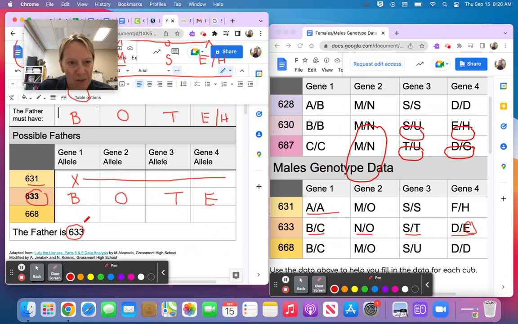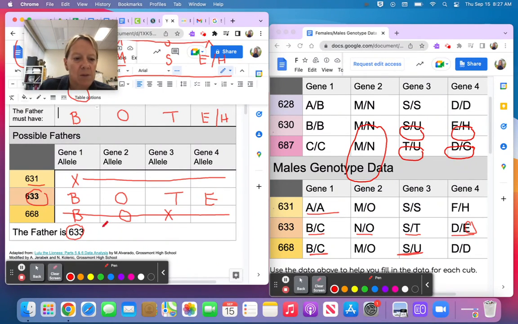But I just want to run through the last one just so you know how to check your work. 668 did have a B, so he could have given a B. Gene 2 needed an O. 668 had an O, could have given an O. Gene 3, we needed a T. Guess what? No T. So on gene 3, that one rules out 668.